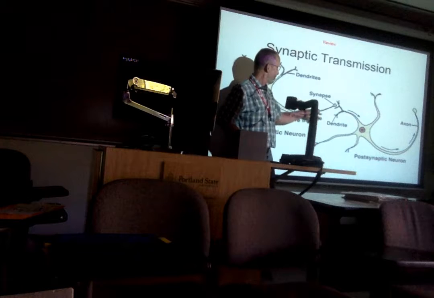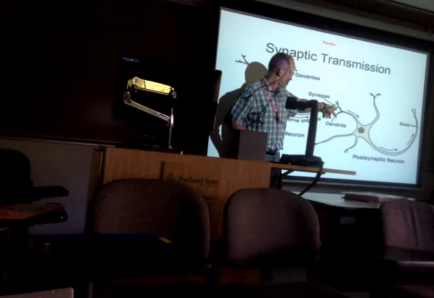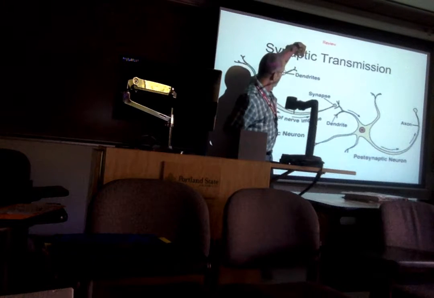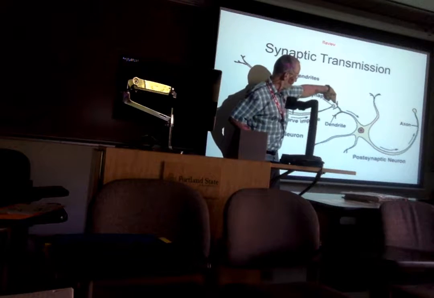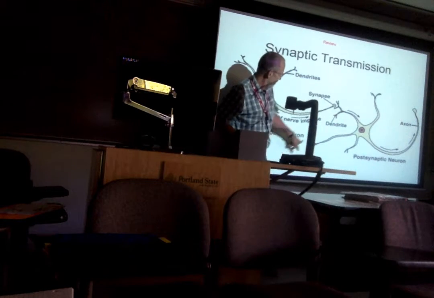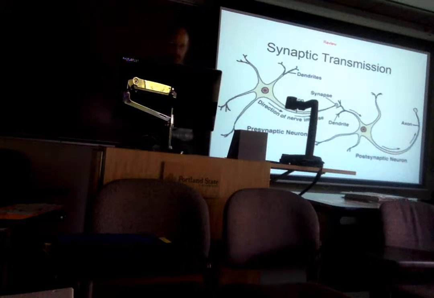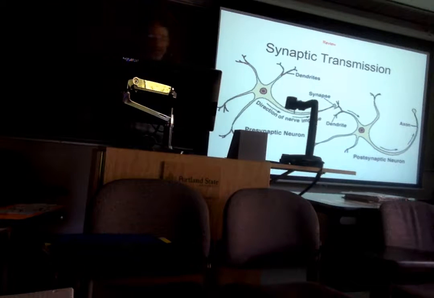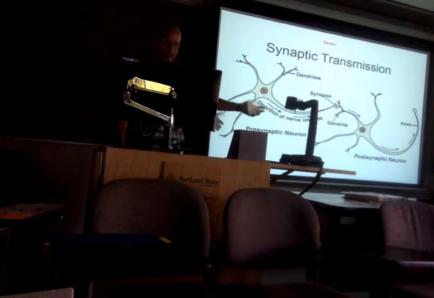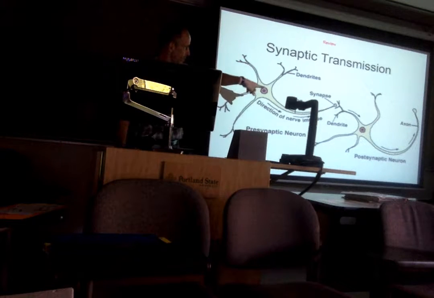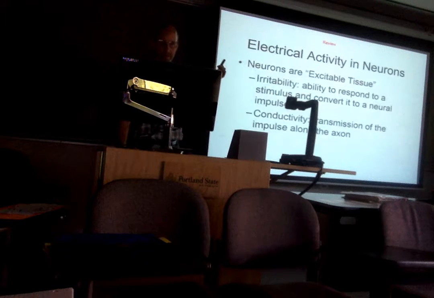This guy could be sending part of a message that says, hey, I'm going to excite you. Maybe there's another guy coming along over here that says, I'm going to inhibit you. Another guy coming along over here says, I'm going to excite you. So it's synaptic transmission. Whether or not the postsynaptic gets depolarized depends on the input. And this just shows one input. And I'll clarify this in a second.